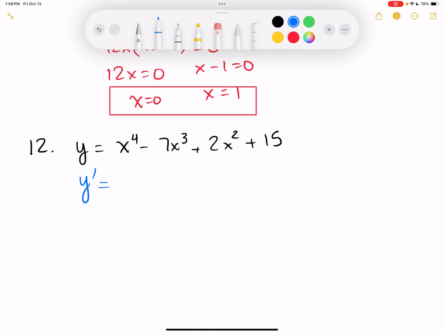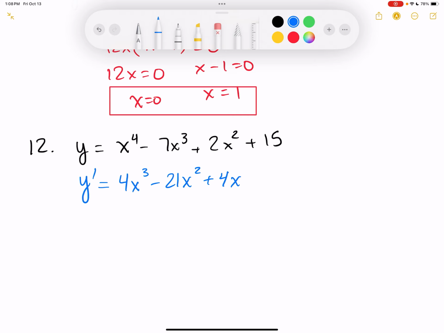Alright, derivative of this: 4x cubed minus 21x squared plus 4x plus 0. Now what?